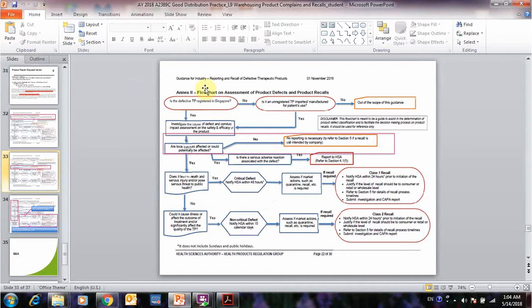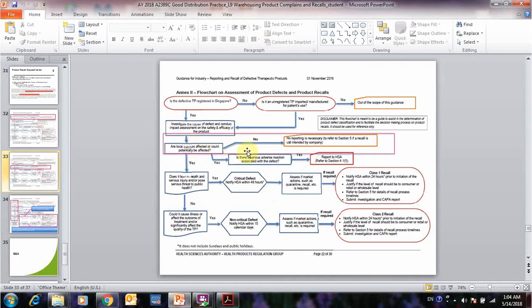Alright, so for defective products that are registered in Singapore, if it's yes, then you need to investigate the defects and also identify if local batches are affected or could potentially be affected.